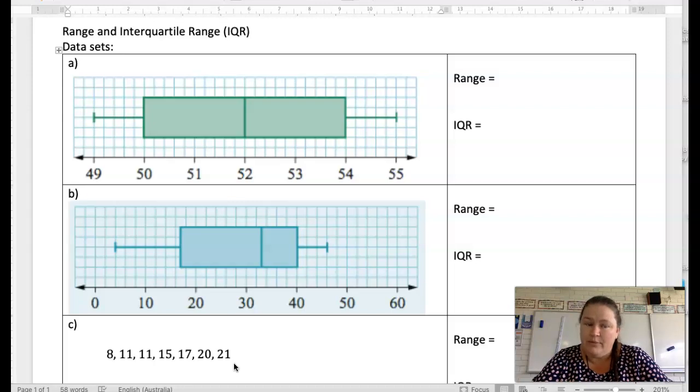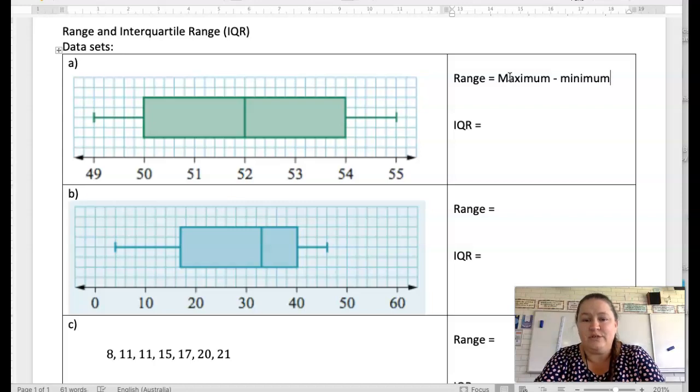Range, hopefully you remember from Years 8 and 9, tells you how spread out the data is. To calculate it, it's pretty easy. All we're doing is finding the minimum and the maximum, and finding the difference between those. So to get the range, all we need to do is the maximum score subtract the minimum score.